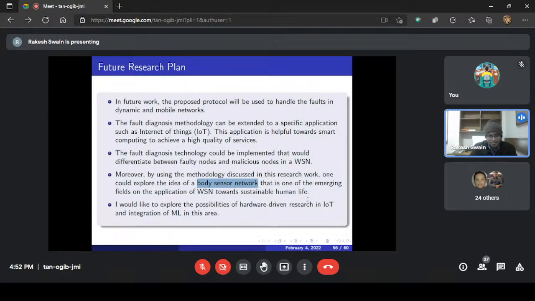The hardware-driven program can integrate IoT and ML so that you can build more efficient and highly accurate algorithms.